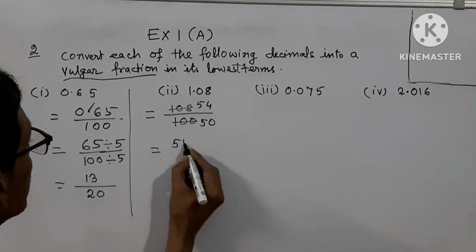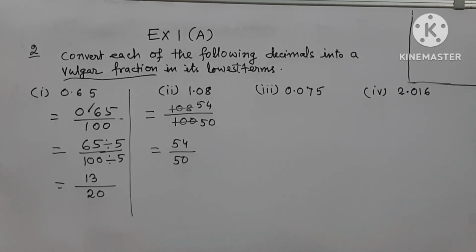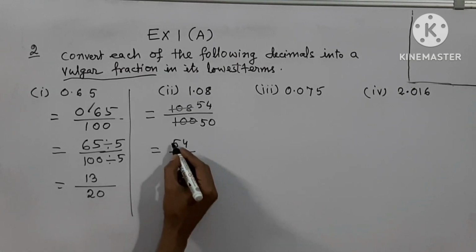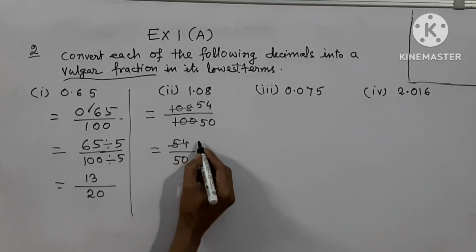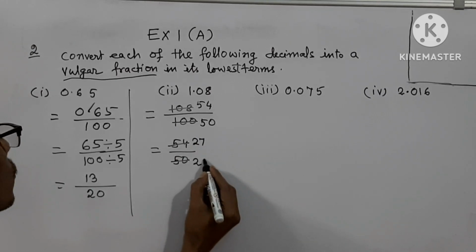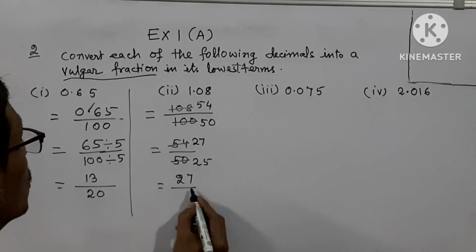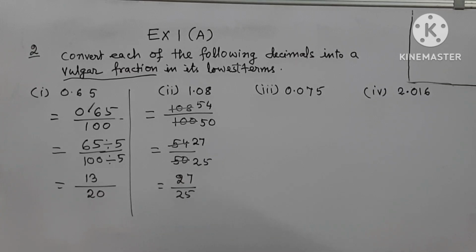Again you can see 54 by 50. So again they both are divisible by 2. So you can divide by 2, 27 by 25. So 27 by 25 will be in the lowest term.